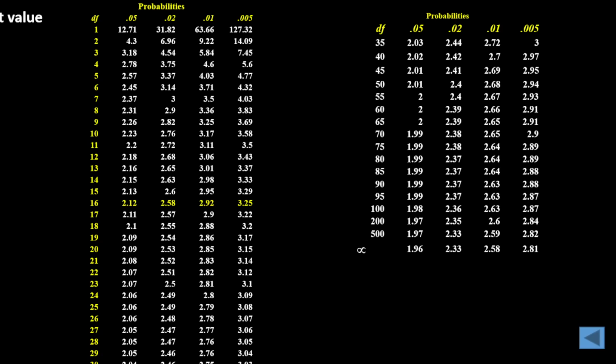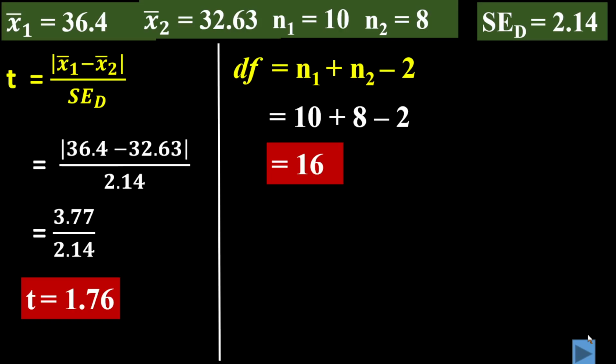So we have to concentrate on these two values for df 16. For df 16, the required value for significance of difference at 0.05 level is 2.12, and at 0.01 level it is 2.92. We have to remember these two values because our calculated value is to be compared with them.